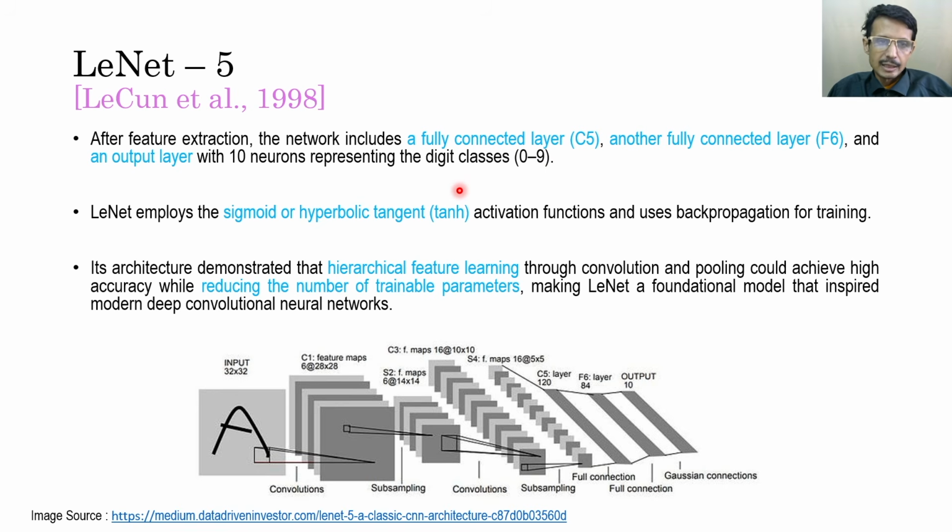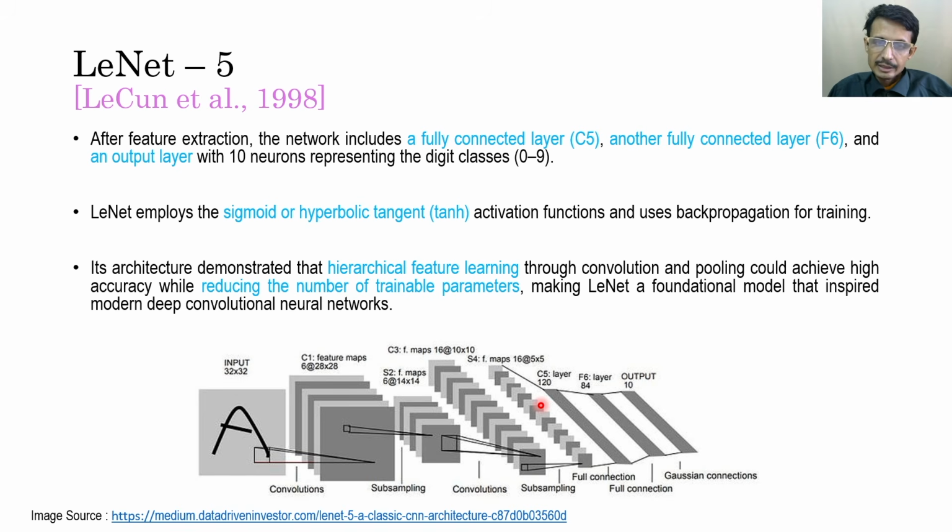Now, LeNet generally employs sigmoid or tanh nonlinearity as the activation function, and backpropagation is used for training. The main feature here, as we mentioned when discussing the generic convolutional neural network, is hierarchical feature learning. Different features are learned at different levels of abstraction at different hidden layers, from the initial layer to the deeper layers.